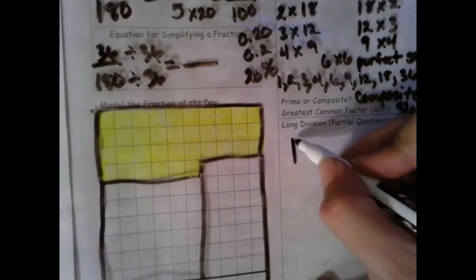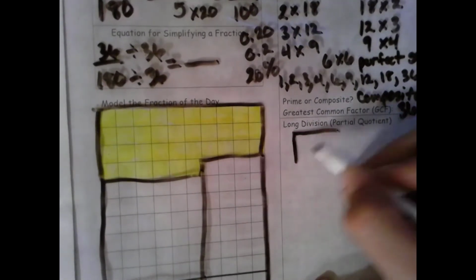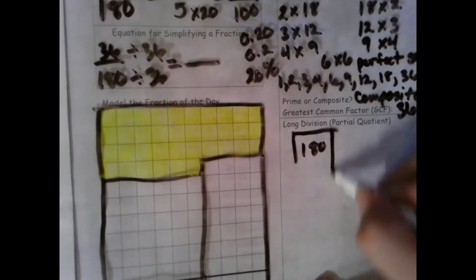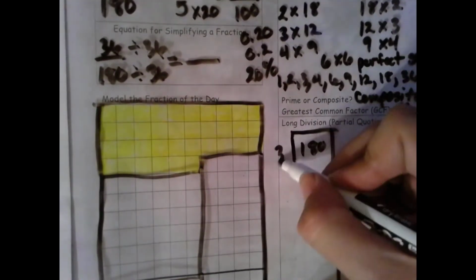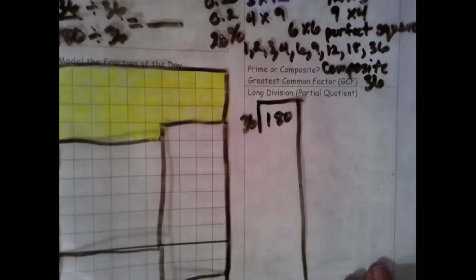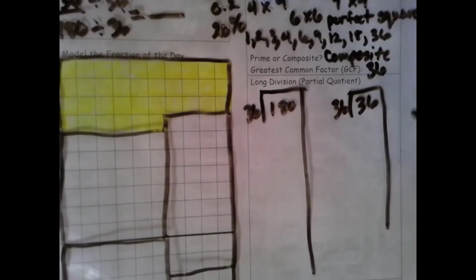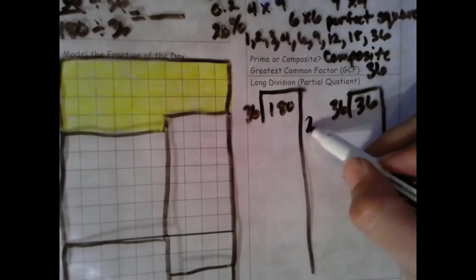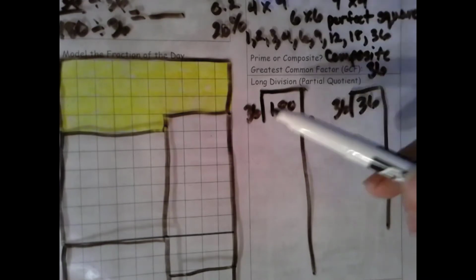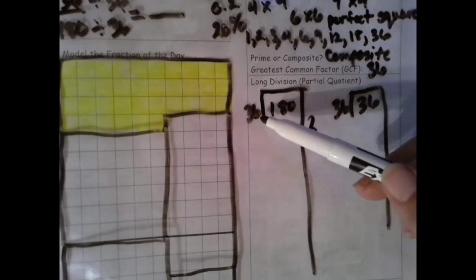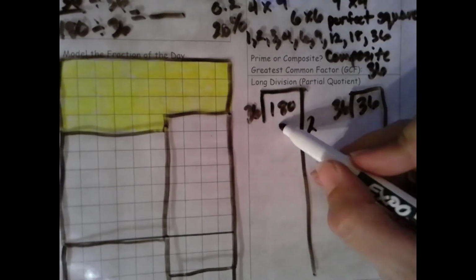Okay, so 180 divided by 36, and 36 divided by 36. Let's see, I'm going to do 2 times 36. I'm going to double it. 30 doubled is 60. 6 doubled is 12. 60 plus 12 is 72.